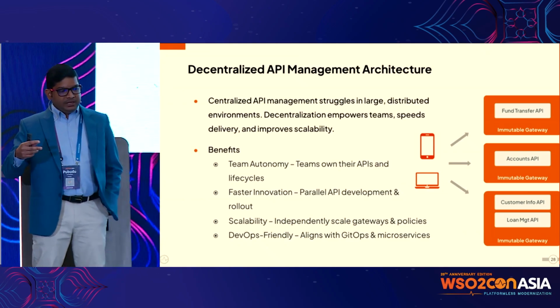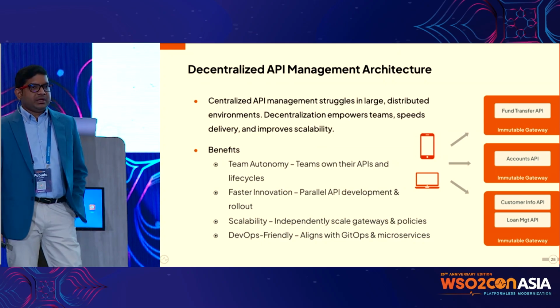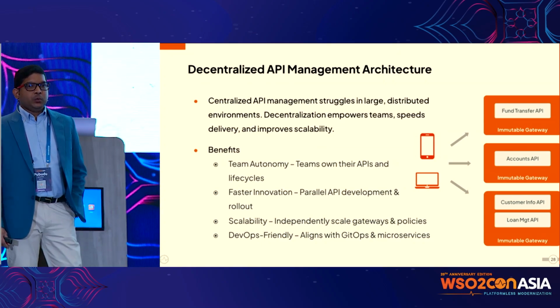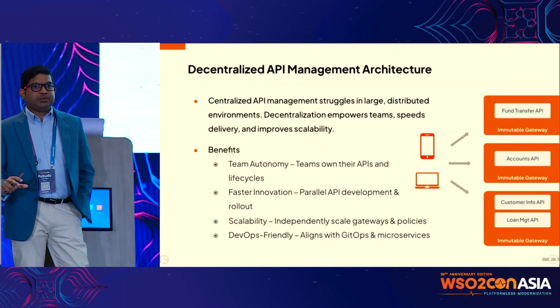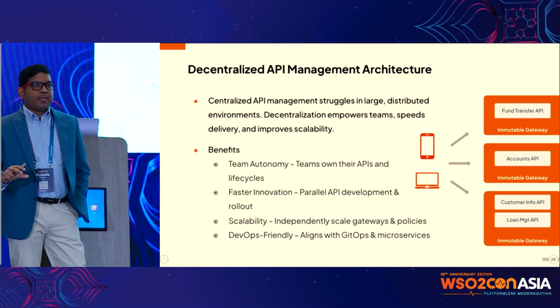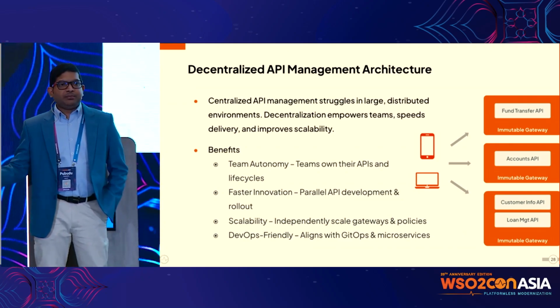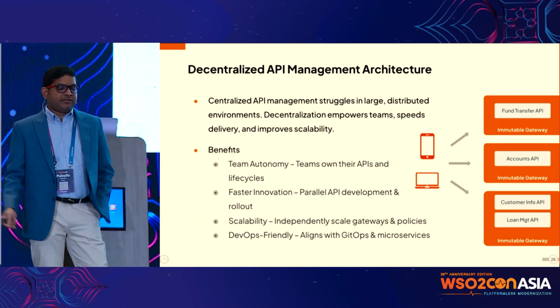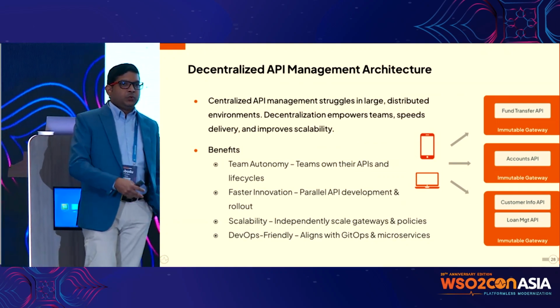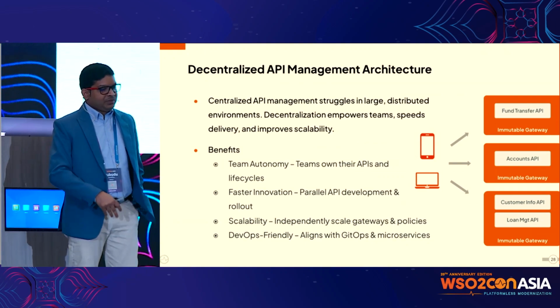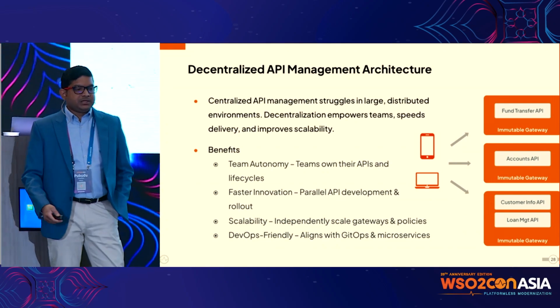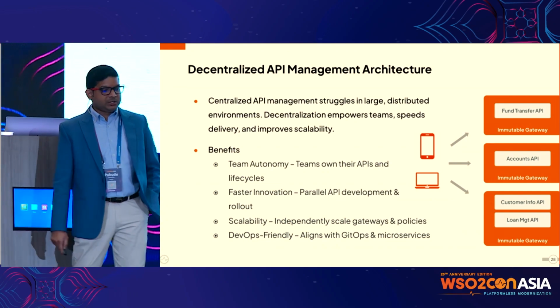That's where we have the decentralized API architecture, where you can group certain APIs and have a separate API gateway. You can deploy separate API gateways to serve this traffic. With that you get team autonomy, faster innovation, likewise. These are some of the key aspects.